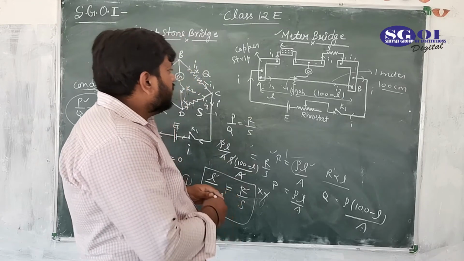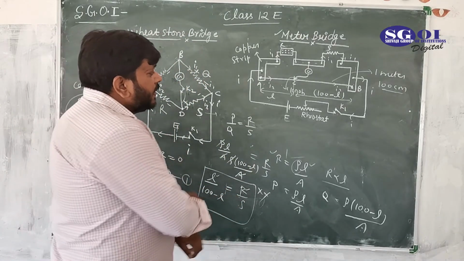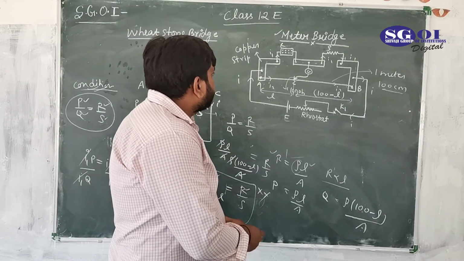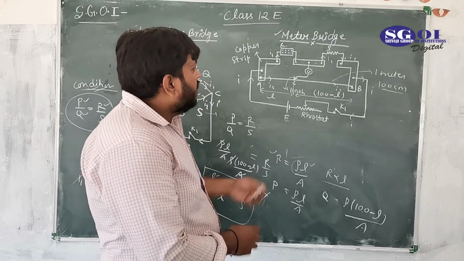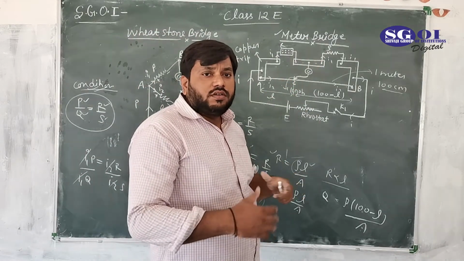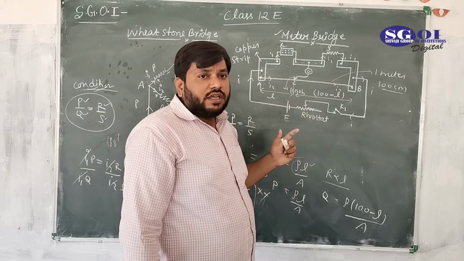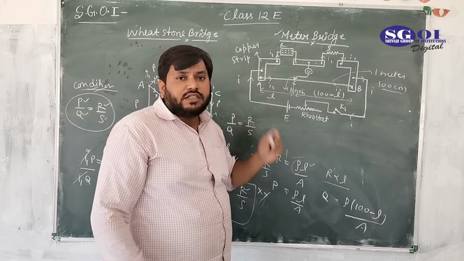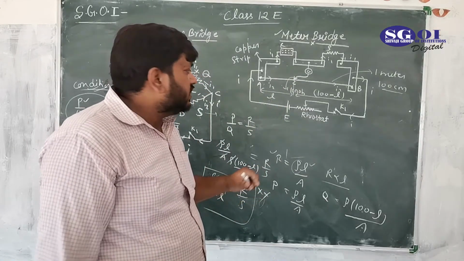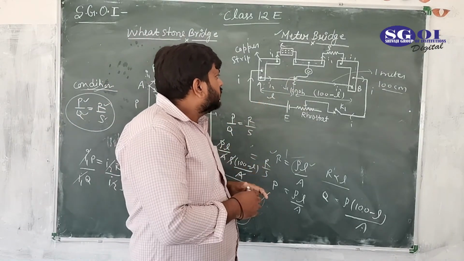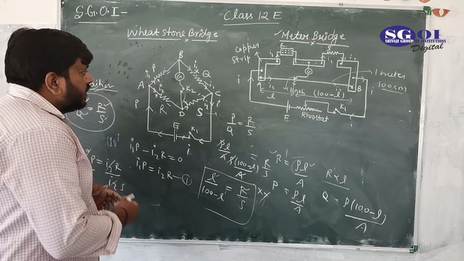So this could be a cause of error. And if this meter bridge is used for a longer time, the wire will be heated, and the temperature of the wire could change slightly. So this is also a cause of error.